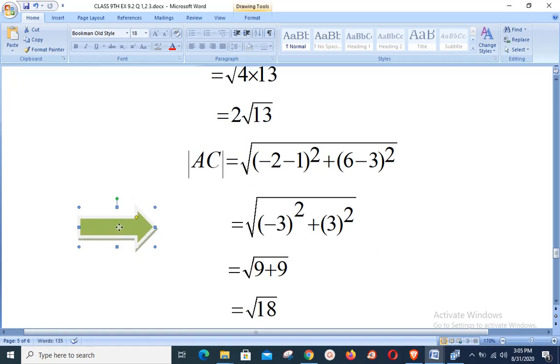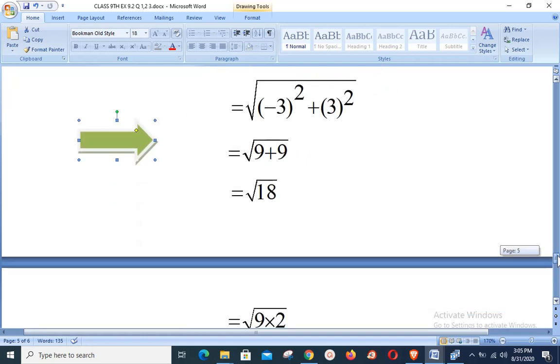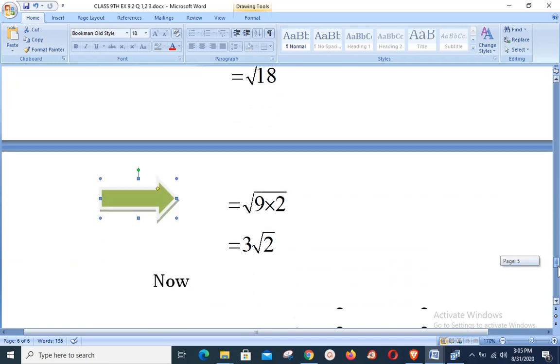As you already know, the square of a negative as well as a positive number is positive. So we have the root of 9 plus 9, that results in 18. 18 can be broken as 9 multiplied by 2, or you can make the factors 2 into 3 into 3. The root of 9 is 3, so this is equal to 3 into square root 2.